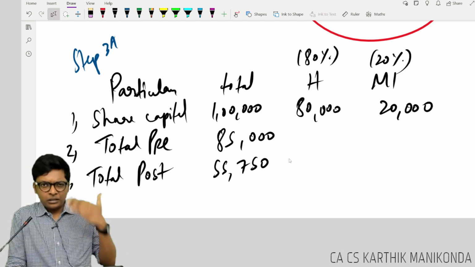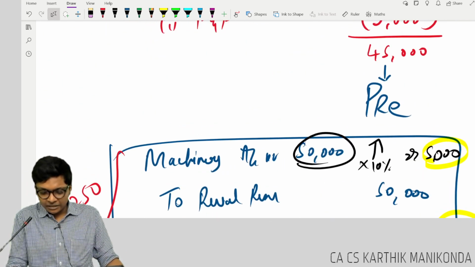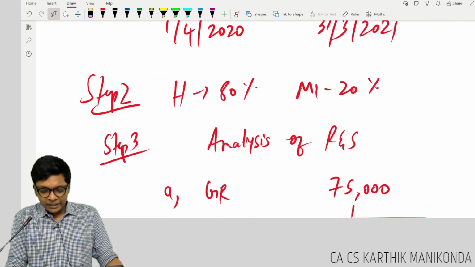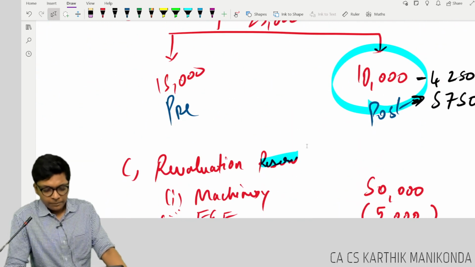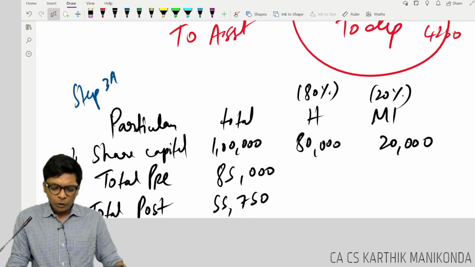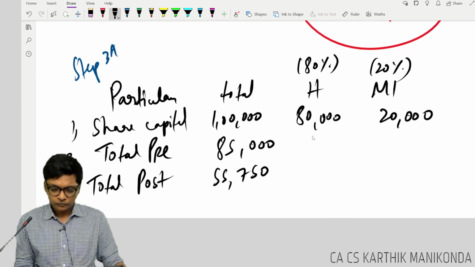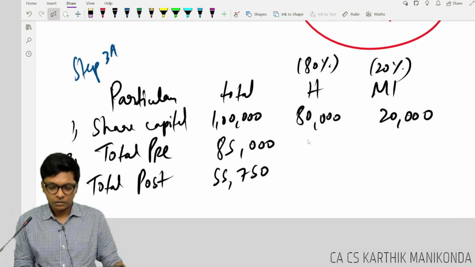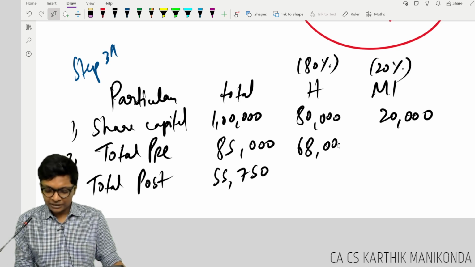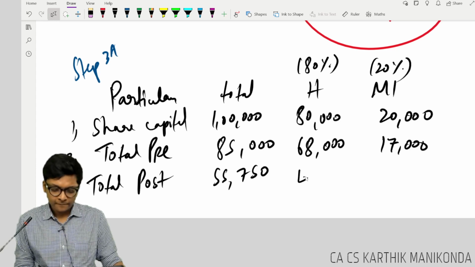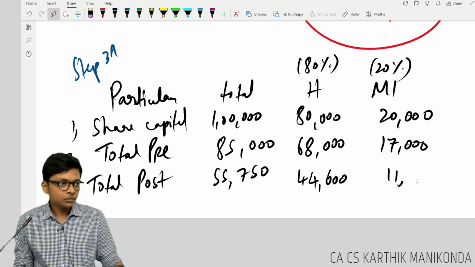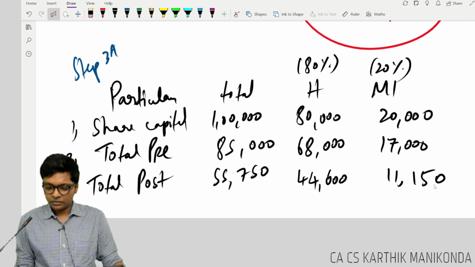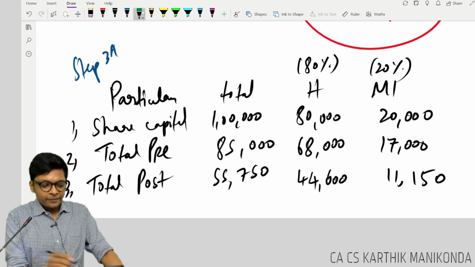How 85? Add the total pre's. 85 is nothing but 45 plus 25 plus 15. How much total pre? So H share total pre 68,000. Similarly here 40,600 here 11,150. That's it.